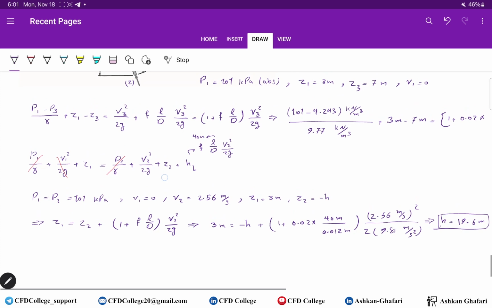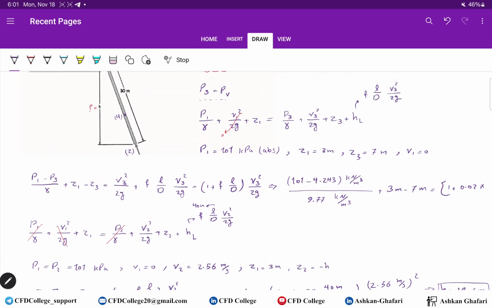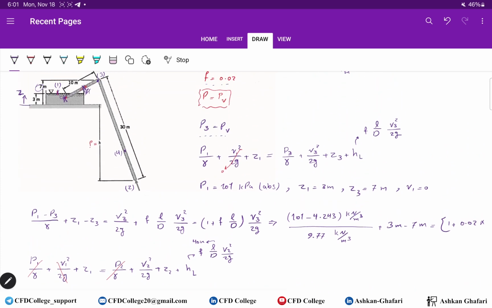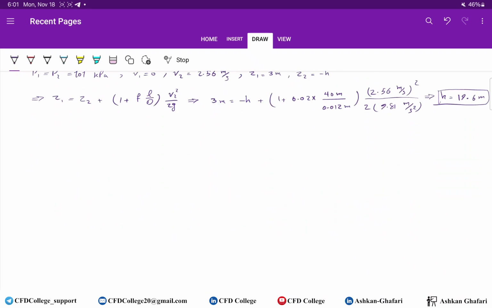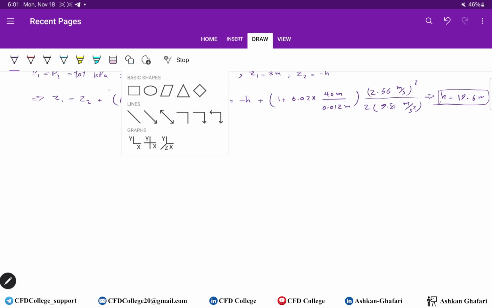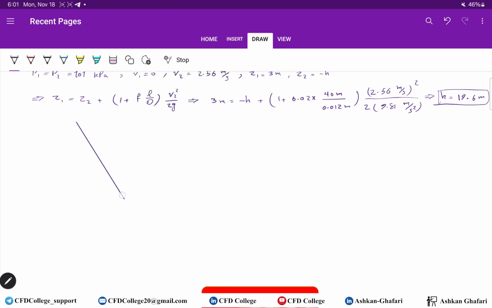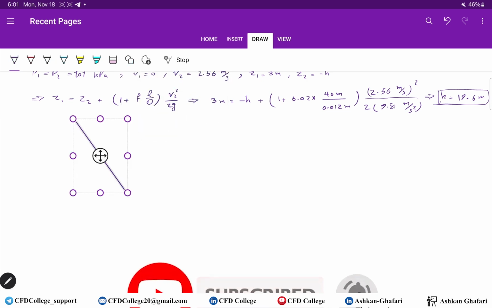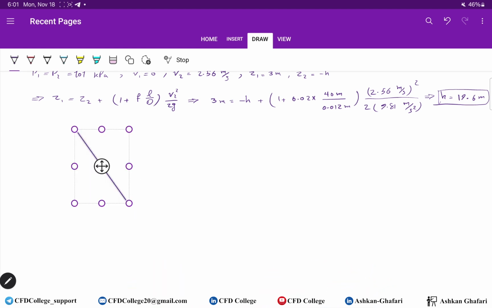So we assume point 4 somewhere here. By this assumption, we will have this. This is point 3. This is point 2. Here is point 4, for example.